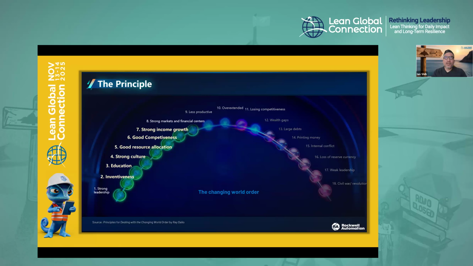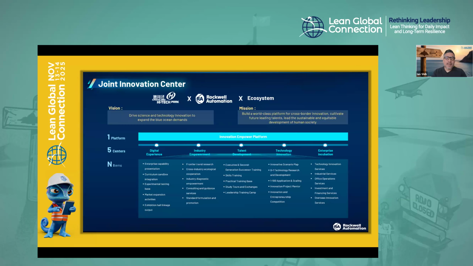This is something that we intend to help the customers to focus on, the ones that allow them to be on the rise. And that's why we created the Joint Innovation Center capabilities by partnering with the Taoji Industrial Park, with the ability to cover all those things on the rise more holistically.